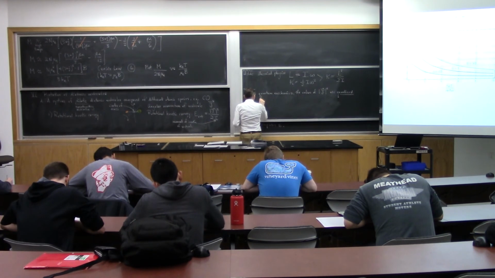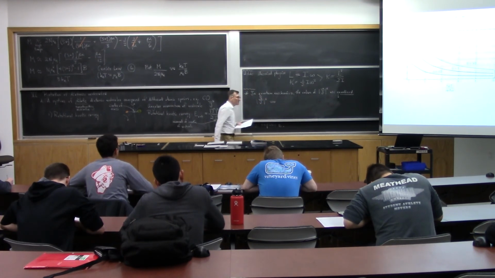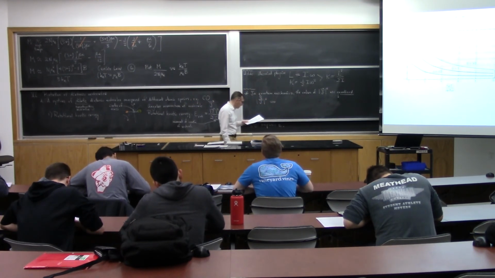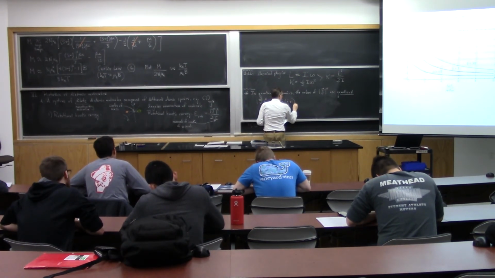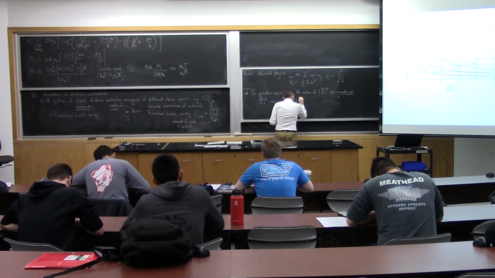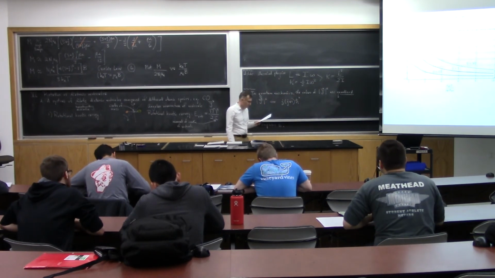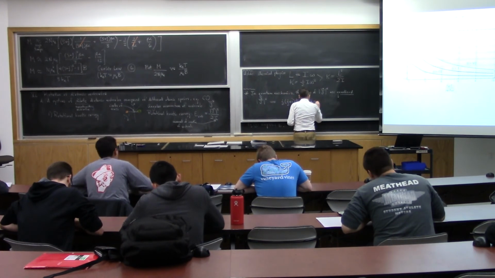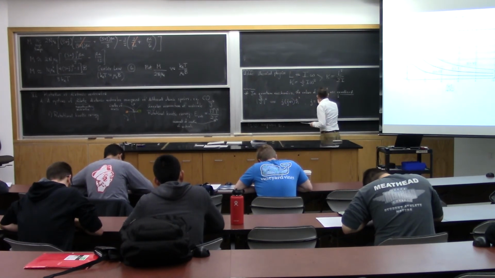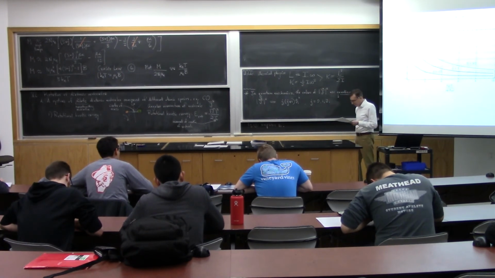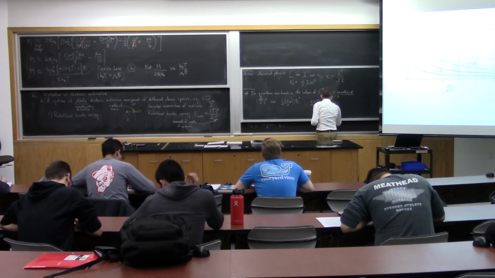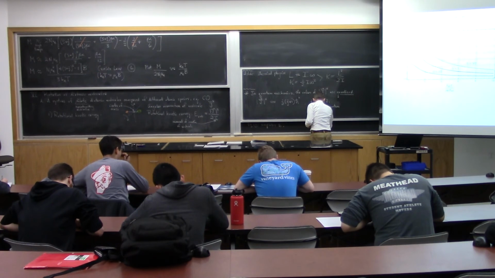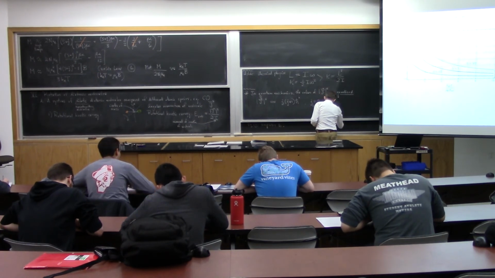And in fact, the allowed values of the magnitude of an angular momentum squared are, well, I'm going to have a quantum number. We're going to use little j. They are j times j plus 1 times h bar squared, where little j is a quantum number that has the following possible values: 0, 1, 2, and so on. And you can think of little j as the angular momentum quantum number.